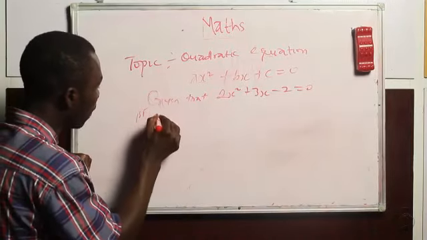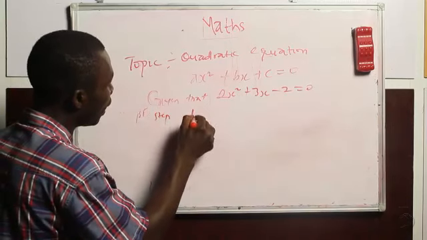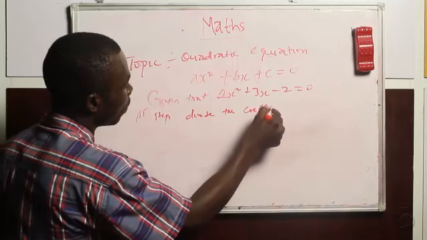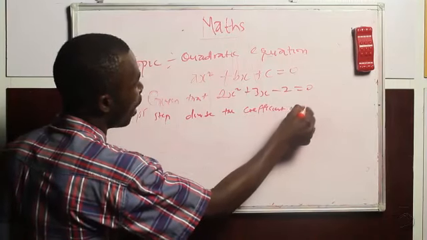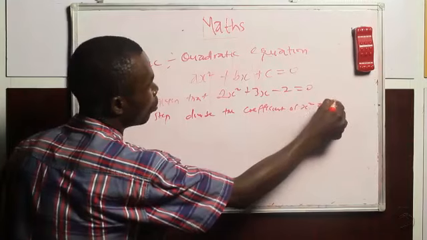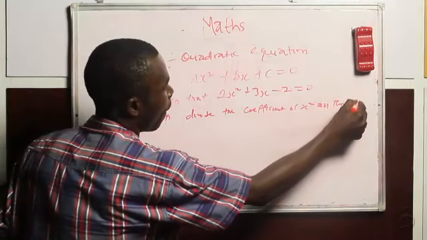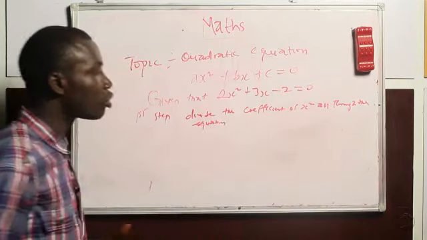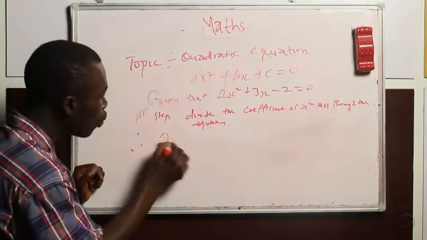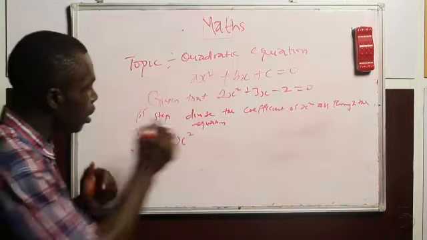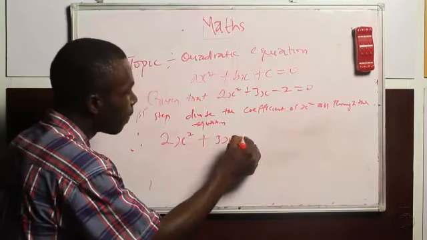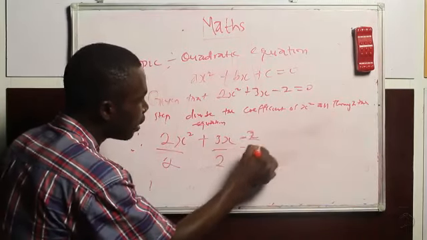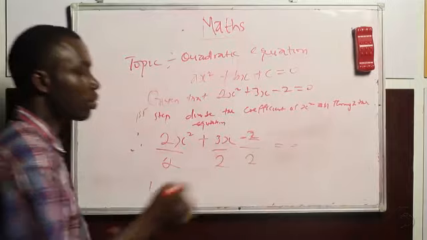That is, first step, divide the coefficient of x squared all through the equation. That is 2x squared plus 3x minus 2, this divided by 2, equal to 0.